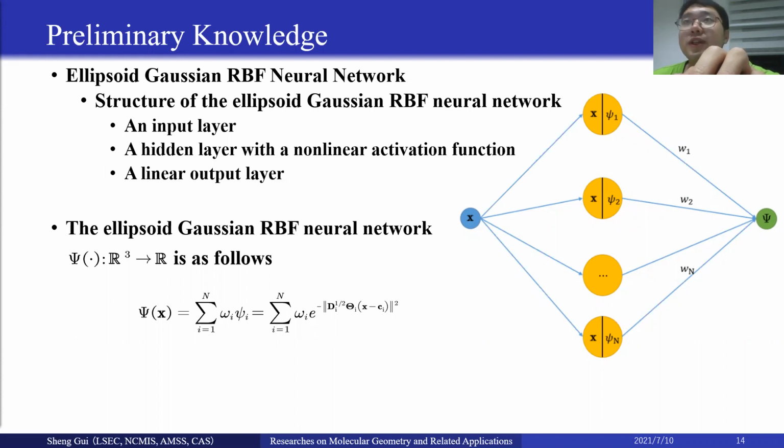The ellipsoid Gaussian RBF neural network psi is as follows, where Ci is the i-th ellipsoid RBF center of the hidden layer. Di represents the length of the corresponding ellipsoid RBF along the three main axes of the hidden layer. Theta i is the rotation matrix of the i-th neuron. Wi is the output weight between the i-th hidden neuron and the output node.